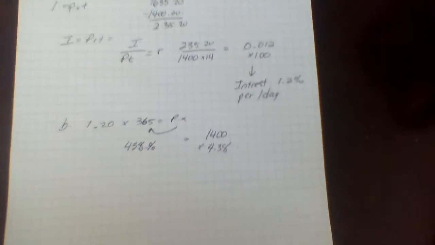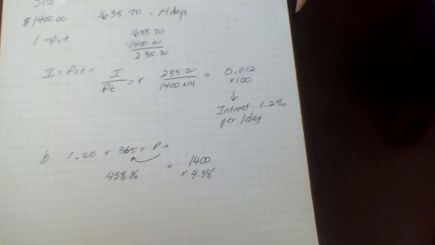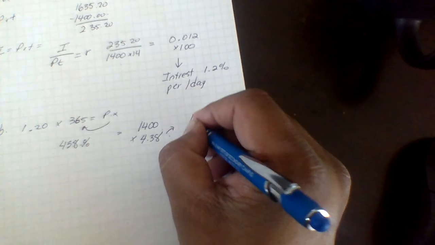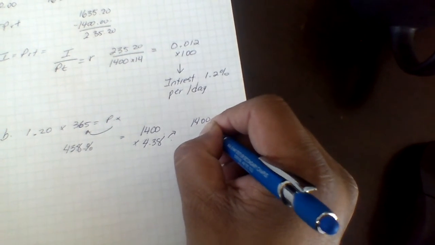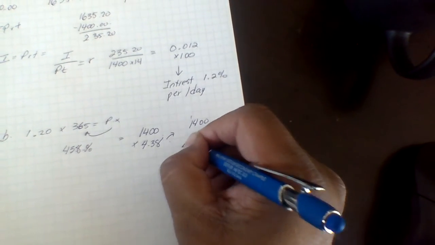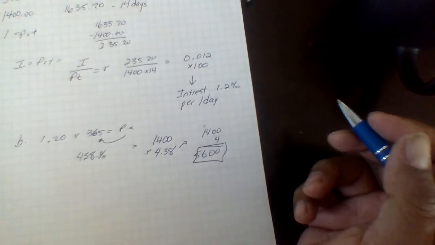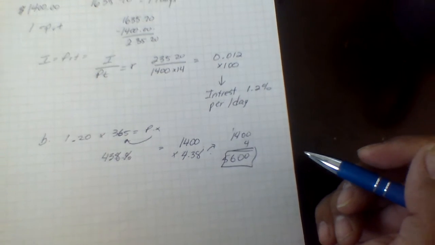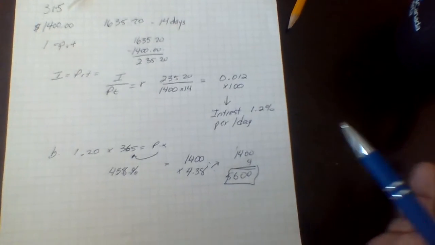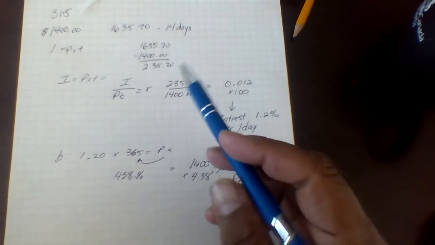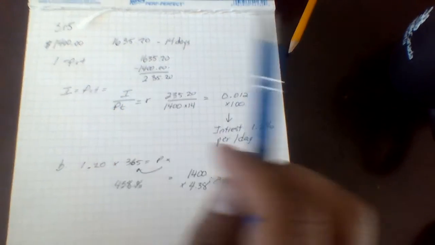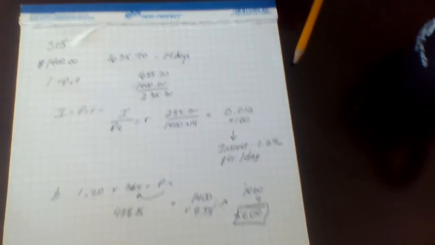When we punch that into a calculator, he would be paying well over $5,600 to pay back the loan, when he borrowed only $1,400. So that's why payday loans are a little difficult. Now remember, that's the first problem on page 315. We'll go through a couple other examples in the other videos.